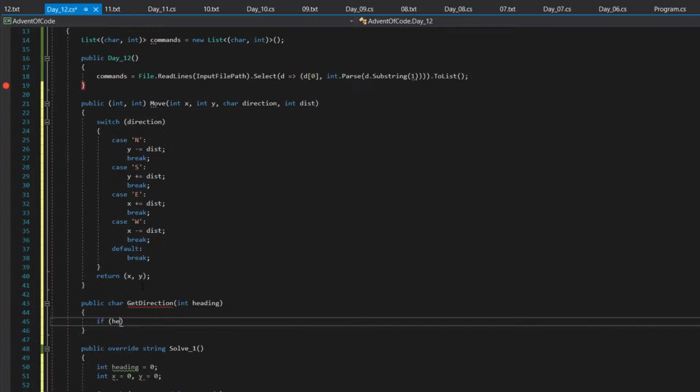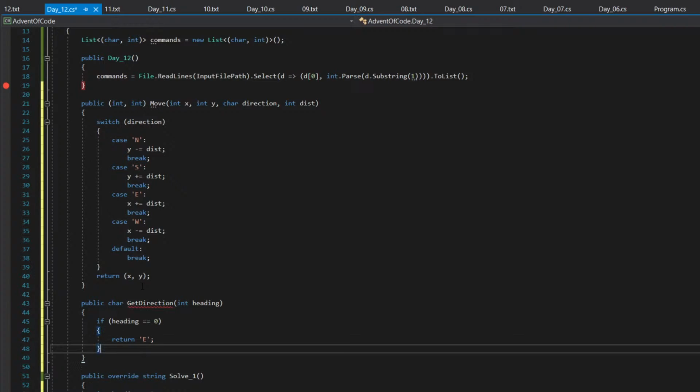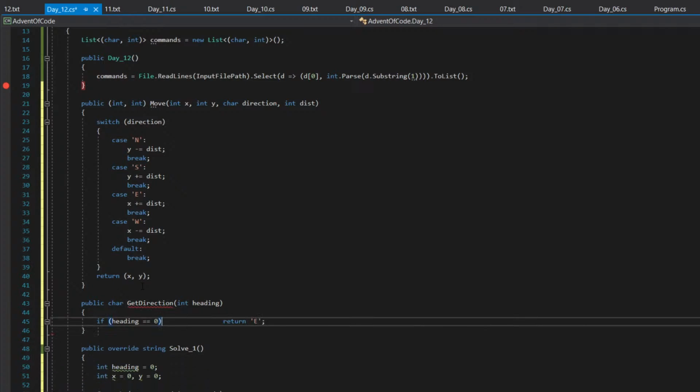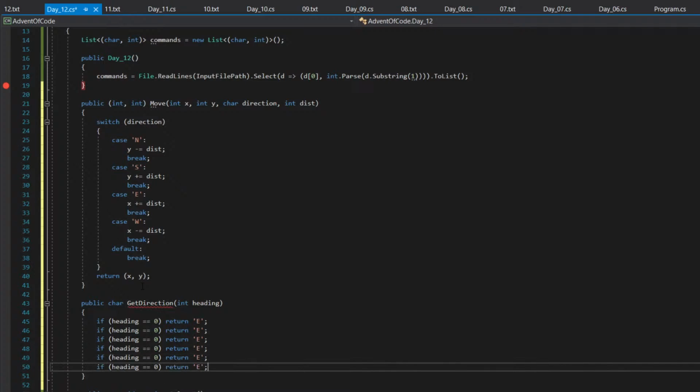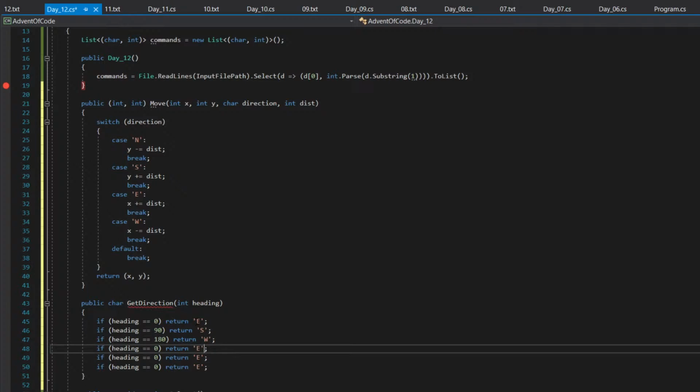So if heading equals 0, return east. 90, we're going down. 180, we're going west.